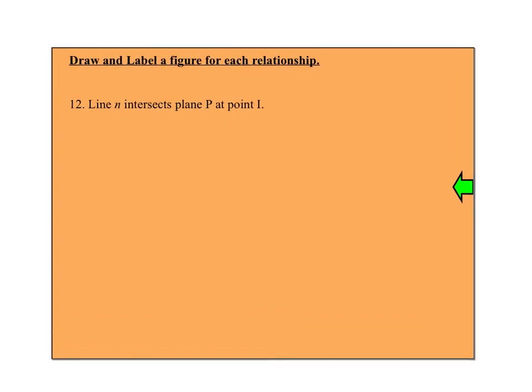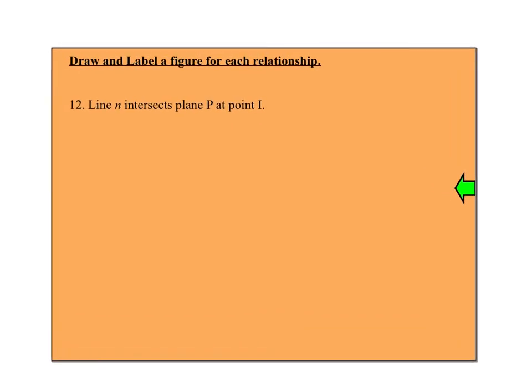So now we get to draw a little bit. Line N intersects plane P at point I. So we have a line that intersects a plane at point I. If it intersects the plane at one point, then it's not going to be on the plane.